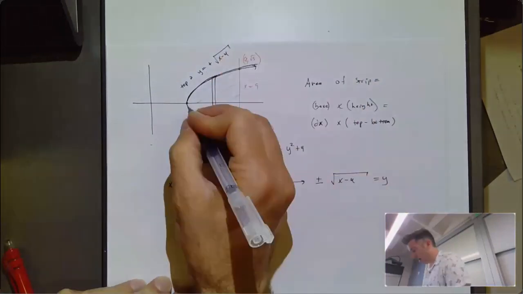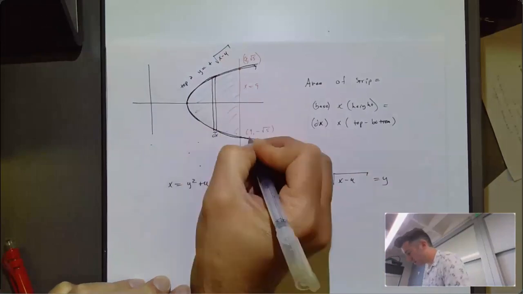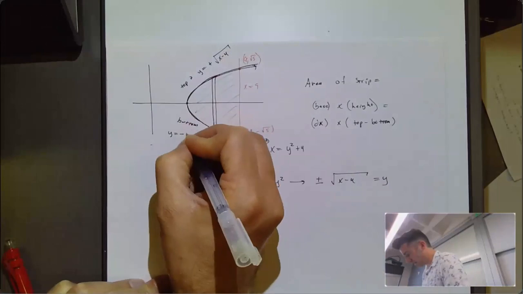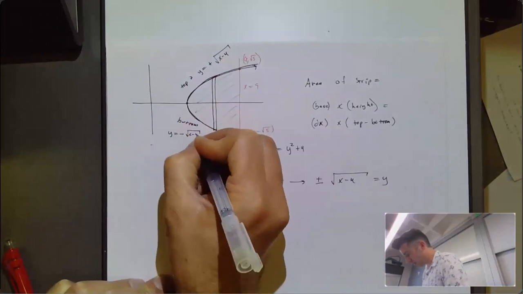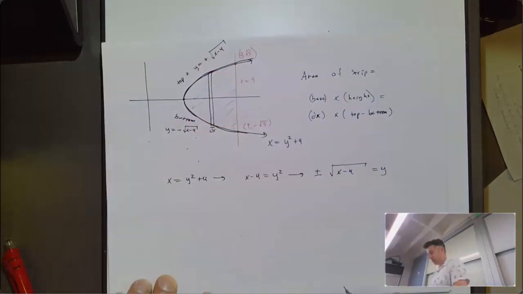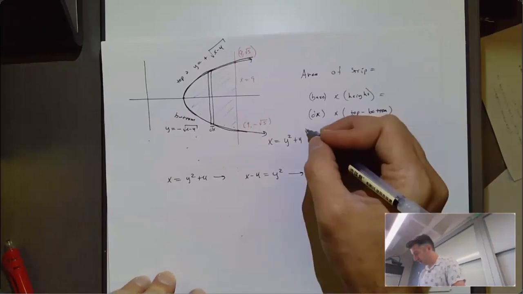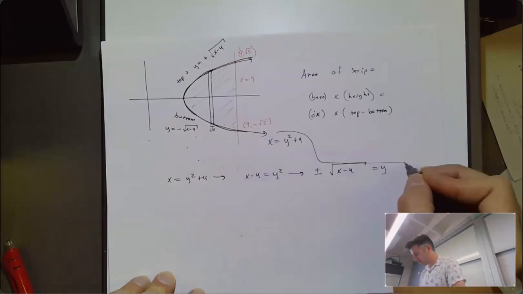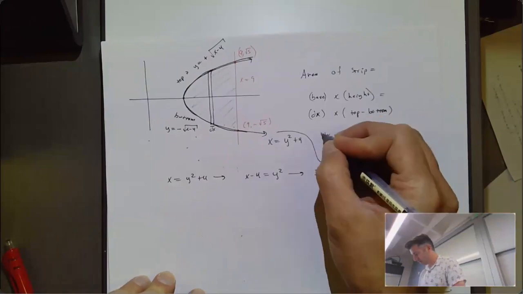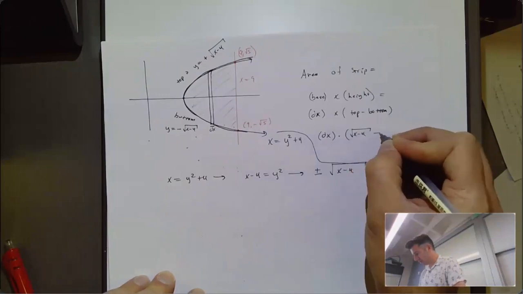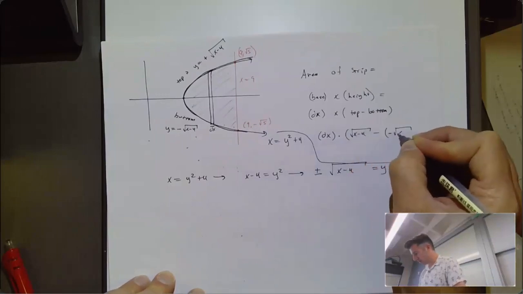And this bottom half is y equal to minus the square root of x minus 4. So then the area of my strip is going to be dx times the top, which is the square root of x minus 4, minus the bottom, which is negative square root of x minus 4.